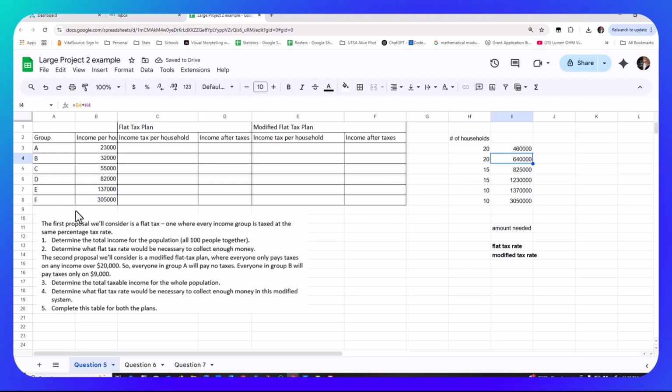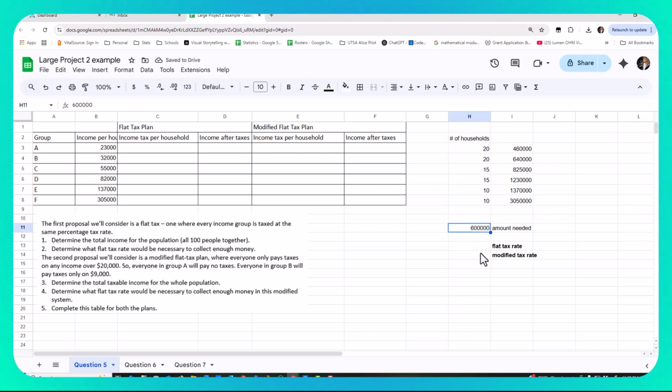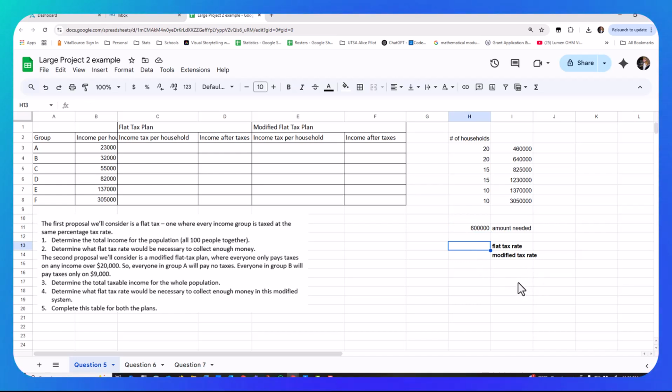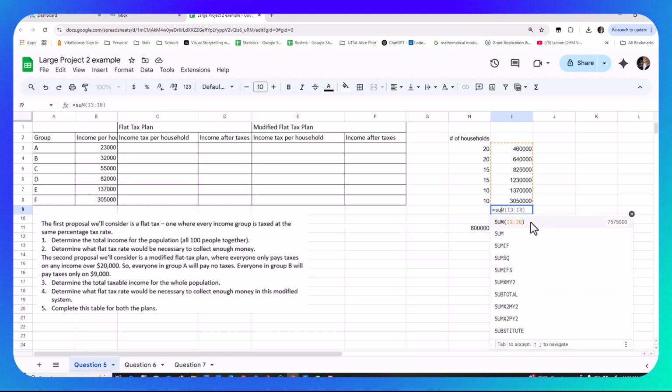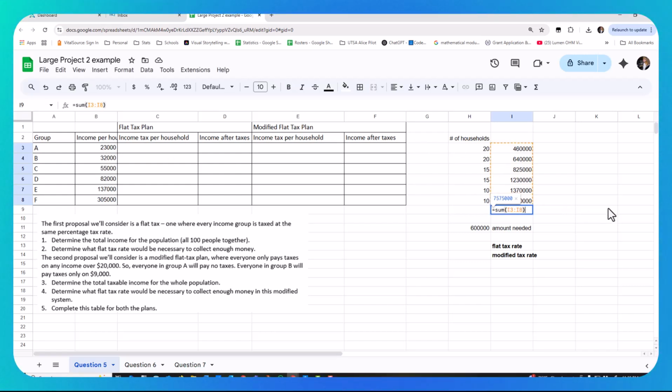In your project, it says the federal government needs to collect $800,000. Again, I'm just going to use a different number, so I'm going to use $600,000 that needs to be collected. I think I have the right amount of zeros. All right, so to get the flat tax rate, what we need to do is sum these values, which is my income per household times the number of households.